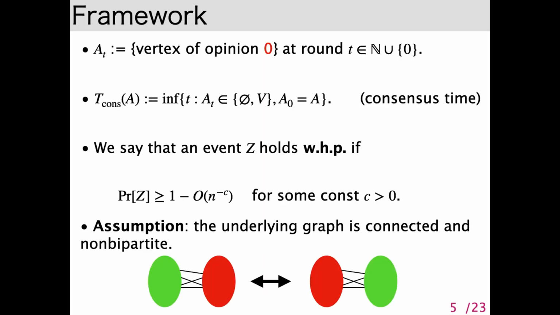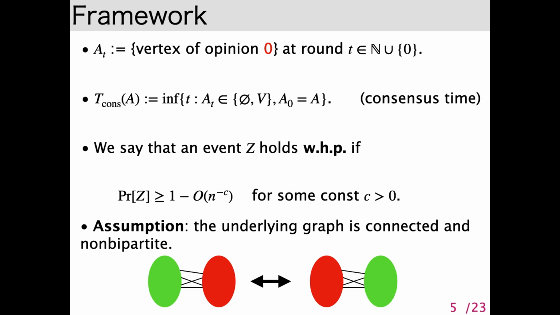Here is our framework. Let A_t be the set of red vertices at round t. A_0 is the initial configuration. Then the consensus time T_cons(A) is the hitting time defined in the second item. Here, A represents the initial configuration.